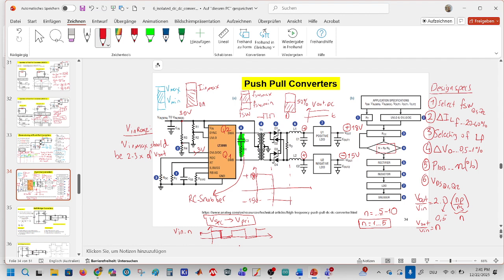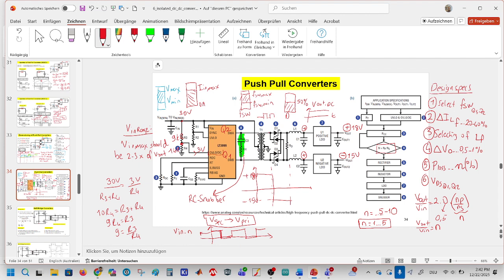And if you compare the ratio of the resistors here, I would say we can use 9 kilo ohms here and 1 kilo ohm here.